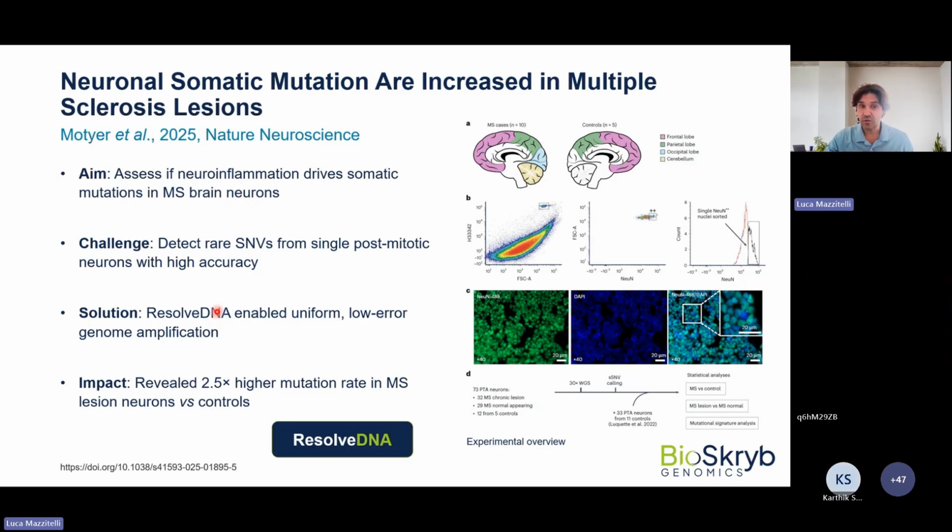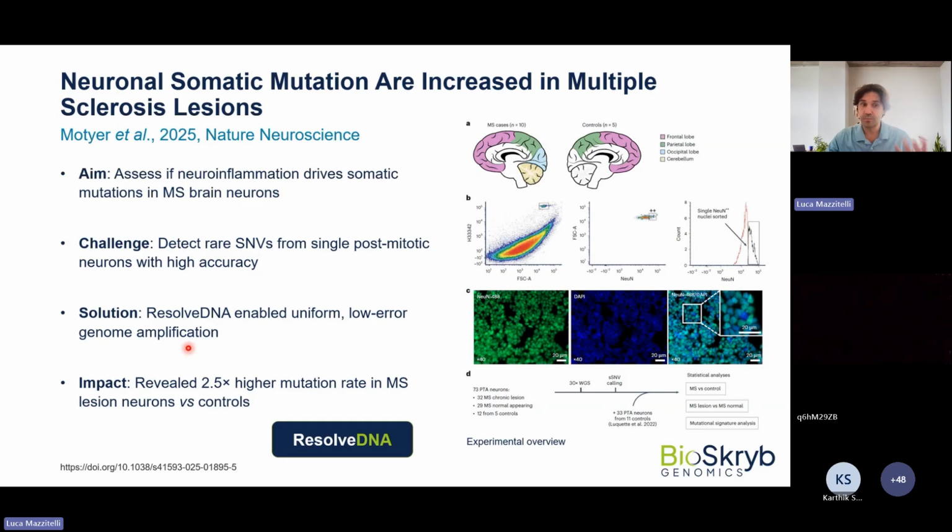So the challenge actually was to accurately detect rare somatic single nucleotide variants in post-mitotic neurons, and this requires really ultra-precise single-cell whole genome amplification.